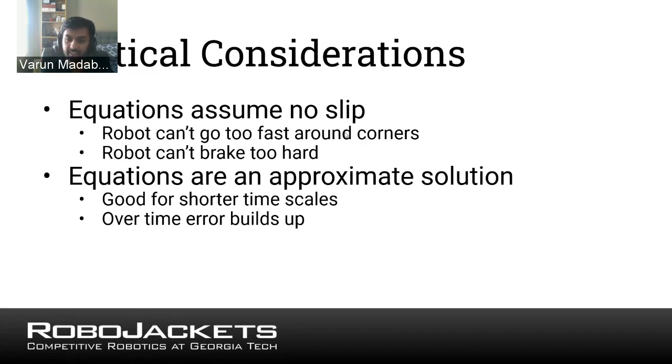So when you're programming your autonomous, you have to make sure to keep a cap on your speed and a cap on your braking. And these equations are just an approximate solution. I mentioned that you break up your complicated motion into a series of arcs.